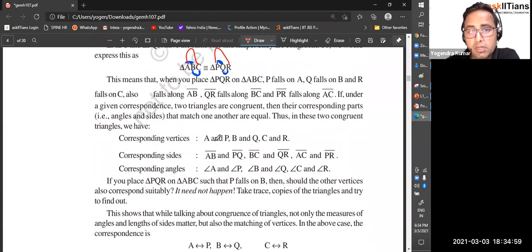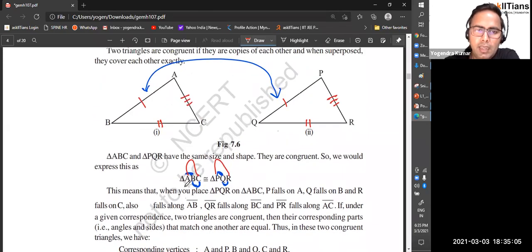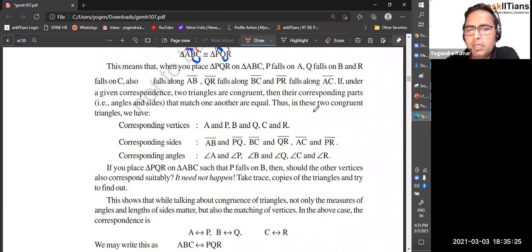So corresponding vertices are there, corresponding sides are there, corresponding angles are there. You can see clearly angle A corresponds to angle P, angle B corresponds to angle Q, angle C corresponds to angle R. This is how we are relating it.